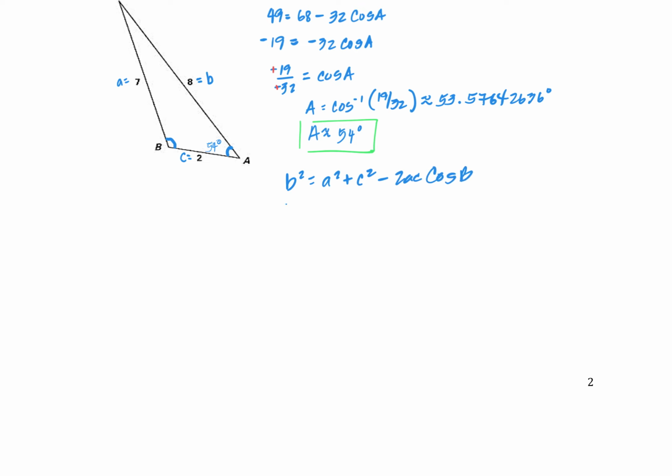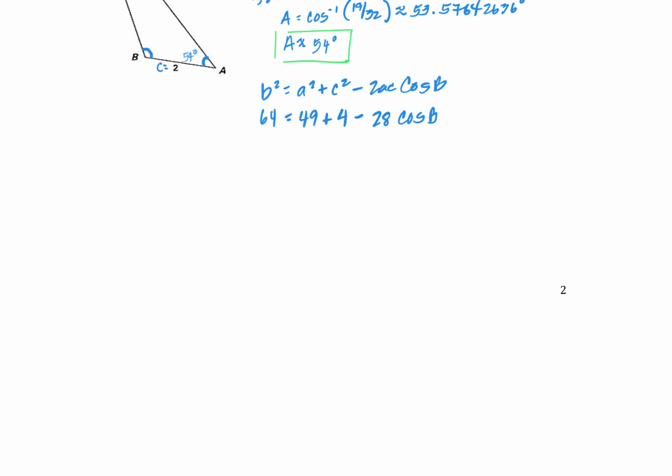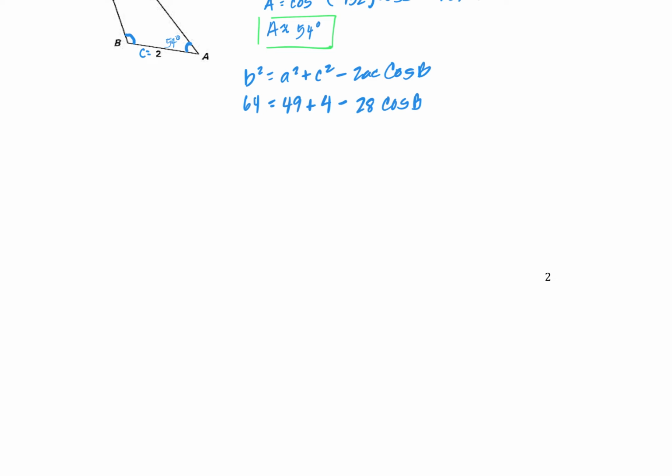B squared is 8 squared, so this should be 64, equal to 7 squared, 49, plus 4 for C squared, minus 2 times 7 times 2, that should be 28 cosine of B. I will have 49 plus 4 is 53.